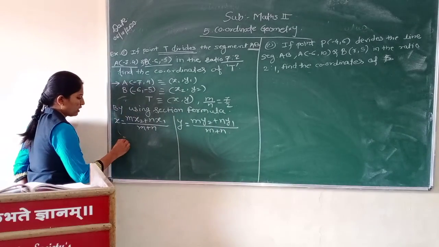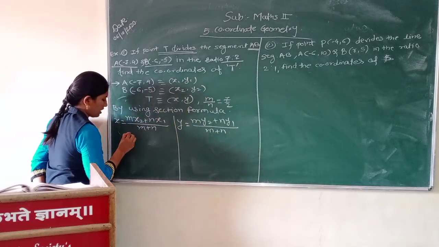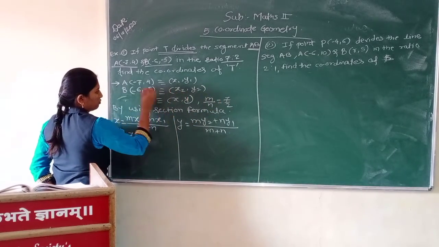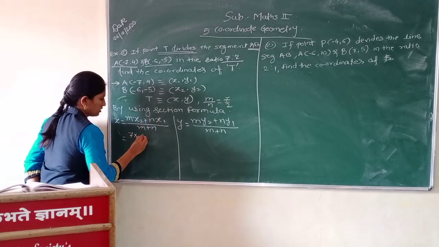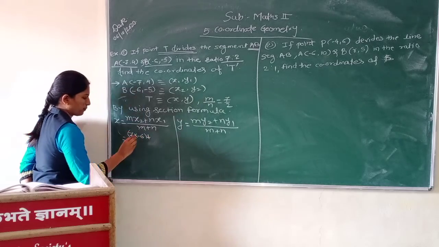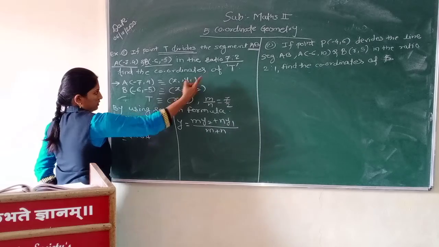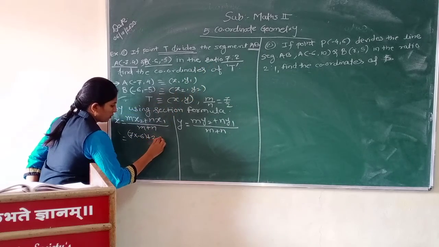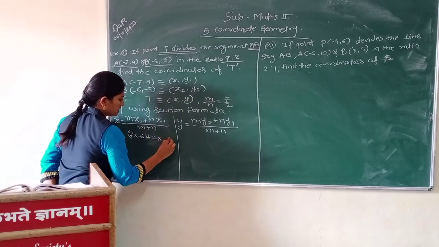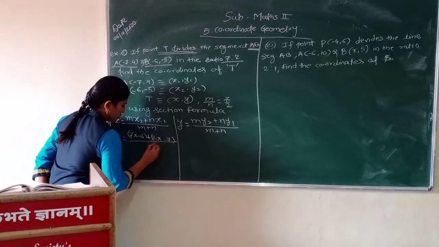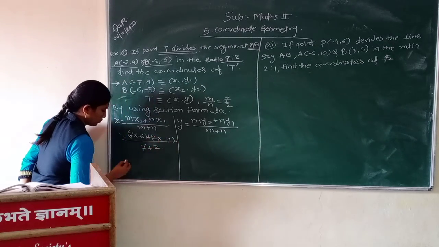Okay, put values. m is 7, x2 is -6, plus n is 2 into x1 is -7, upon 7 plus 2.